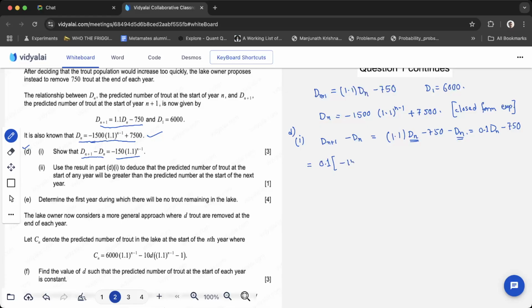So that is negative 1500, 1.1 to the power n minus 1, plus 7,500. So let us observe, this is just multiplied by 0.1, in a square bracket. So the first term would be negative 150 instead of 1500 multiplied by 1.1 to the power n minus 1. The second term would be plus 750 minus 750, which will cancel each other. And you end up getting the right-hand side of the one we have to prove.